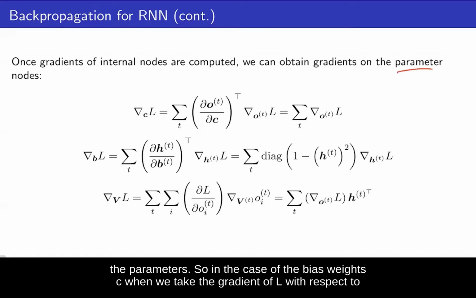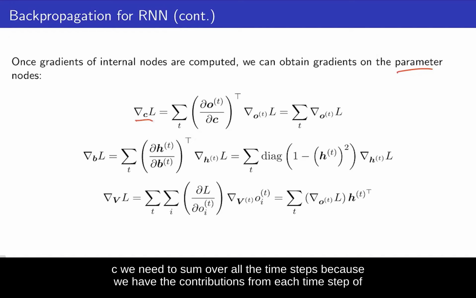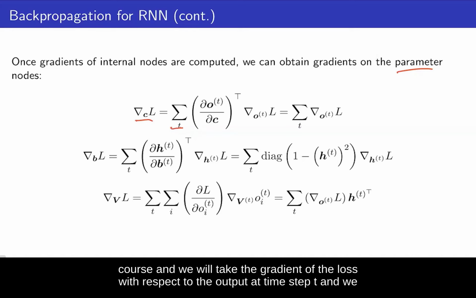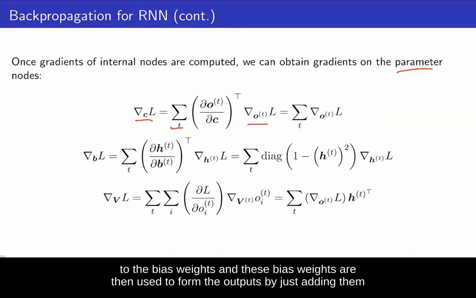In the case of the bias weights C, when we take the gradient of L with respect to C, we need to sum over all the time steps, because we have contributions from each time step, of course. We take the gradient of the loss with respect to the output at time step t, and chain this again with this Jacobian matrix, the partial of the output with respect to the bias weights.